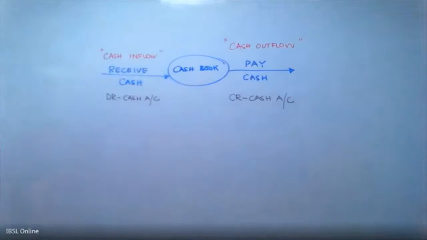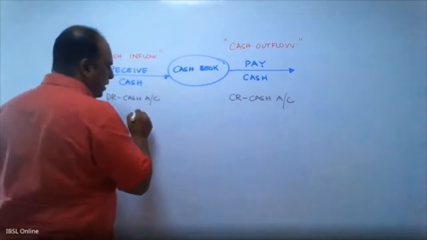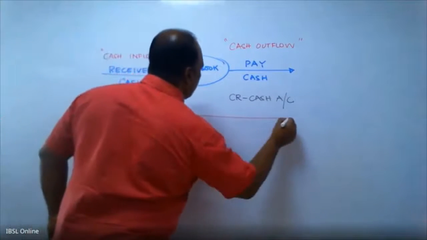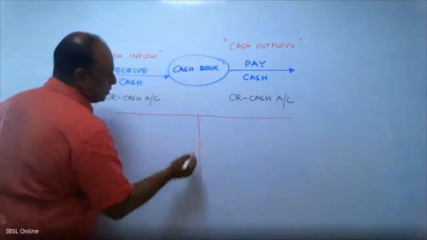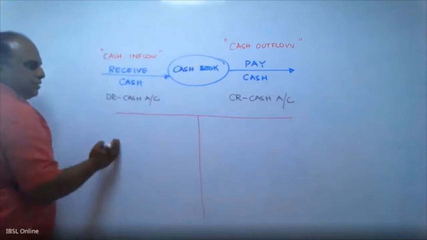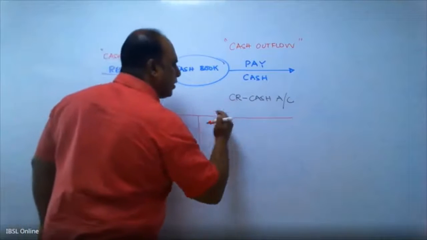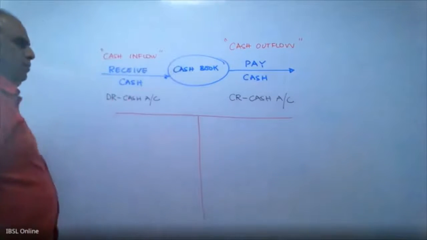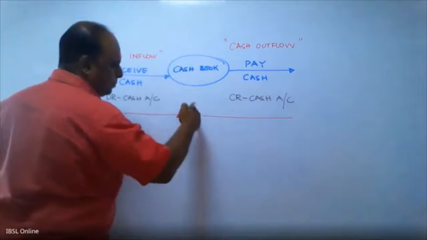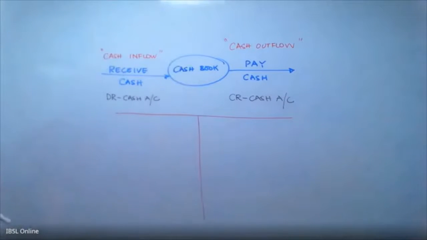Is that clear? So this is what is getting formed into a T account. When you look at the T account, this side is your receipts, debit. This side is your credits. What is going out is the middle part. Okay. Now this is when you handle physical cash.